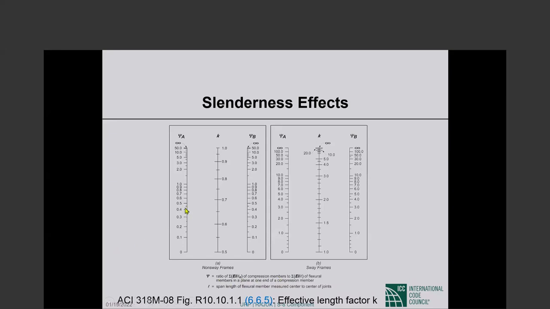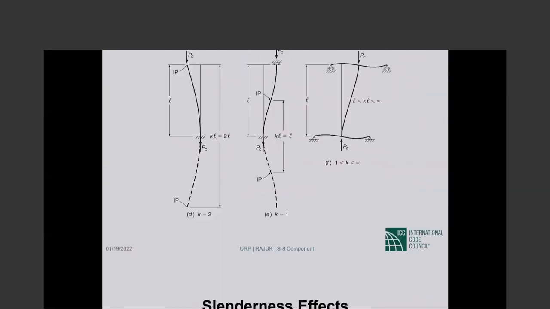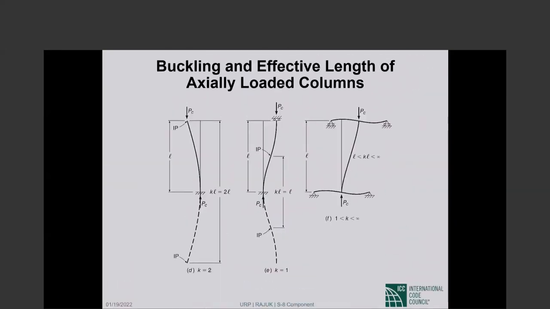So if your psi A is here, psi B is here, you draw a line between the two. Wherever you cross the middle line gives you your K value. I think most of you have done it. So this chart follows the principles that are described in the figure.